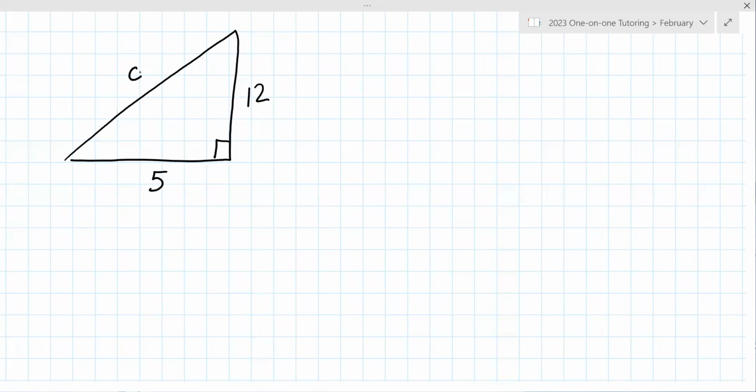I just want you to work this out on your own. C equals 13. Very good.